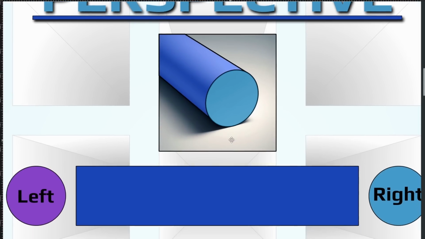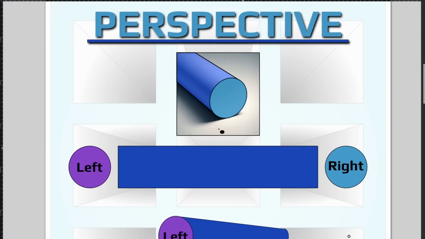So as you can see right here underneath, I have broken this rod up into 3 parts. We have the left circle. If we were looking directly at it from a left angle, all we would be able to see is the circle on the end, because all of this would be behind the circle.